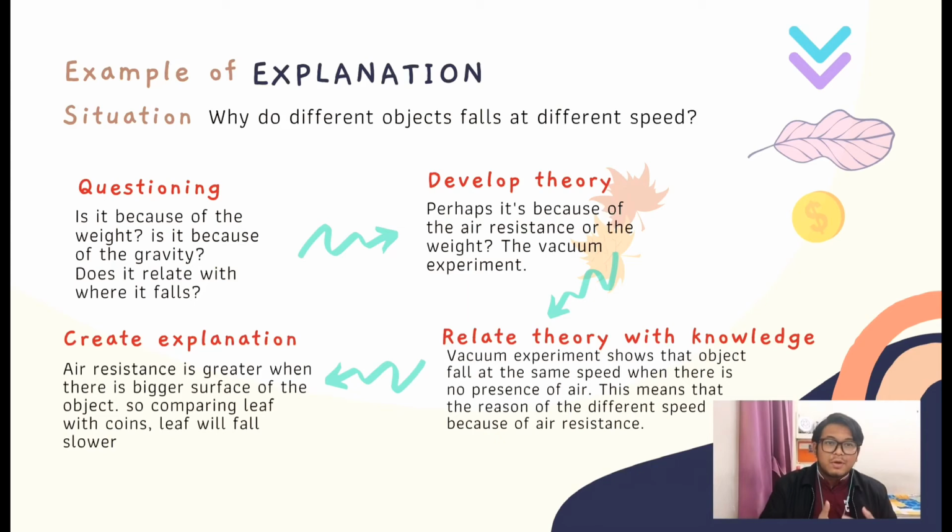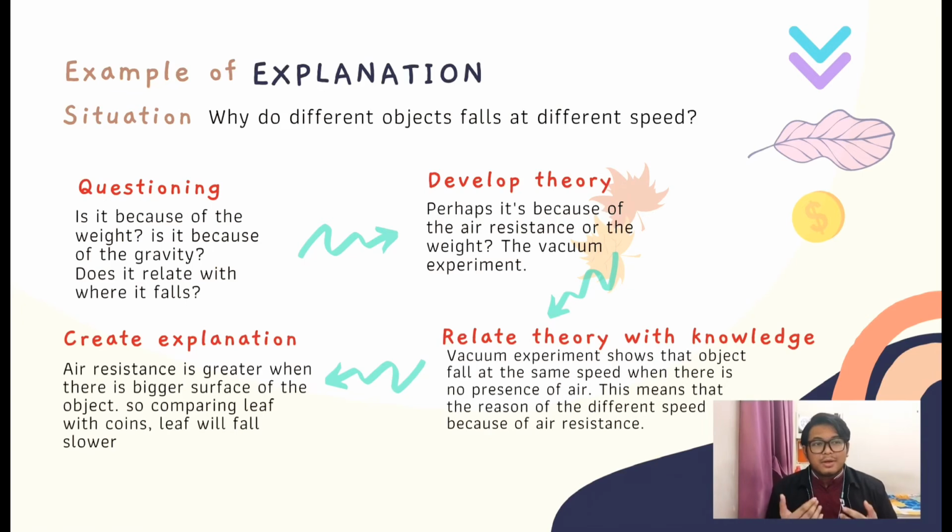Does the weight of the object affect the speed of the object to fall? Theories that we develop will play a very important role in us explaining something, right? So if we focus on, let's say in this context, we are developing the theory of air resistance. So does the air resistance affect the speed of the object falling from its place to the ground?